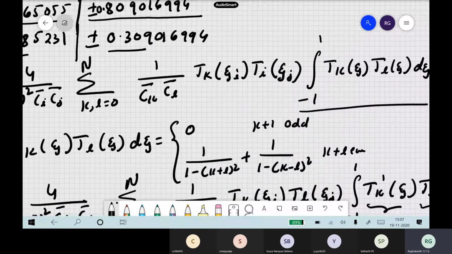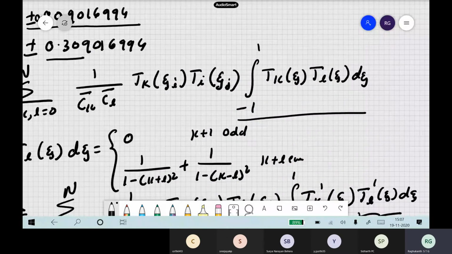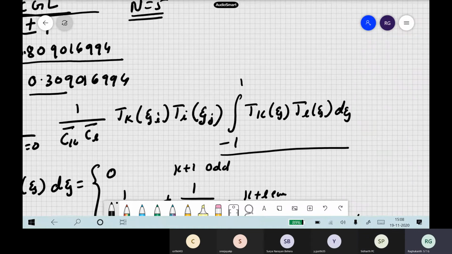So if you look at this mass matrix, is it a diagonal matrix or a non-diagonal matrix? It is non-diagonal. See, the Lagrange polynomial property is that when I write an expression of this type, it is basically equal to delta IK.